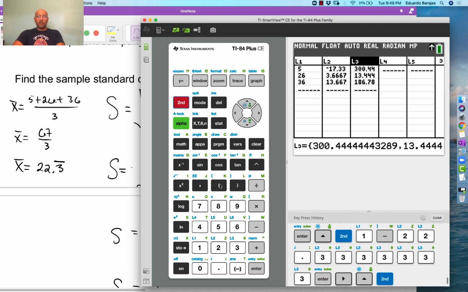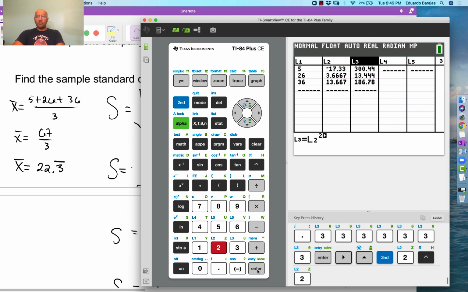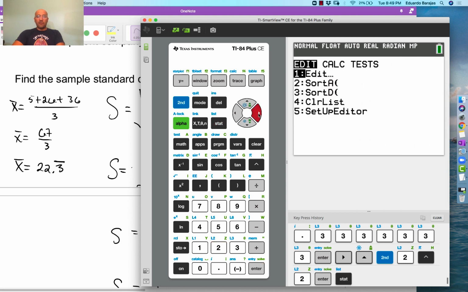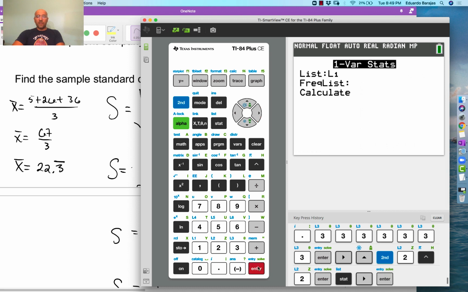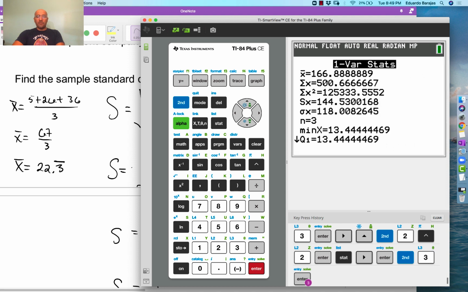So L2 power of 2. Okay, that's exactly the same thing. So now let's do stat, calculate, one variable stats, and then we want to do L3. And the sum is 500.6667. Yeah, we did that.